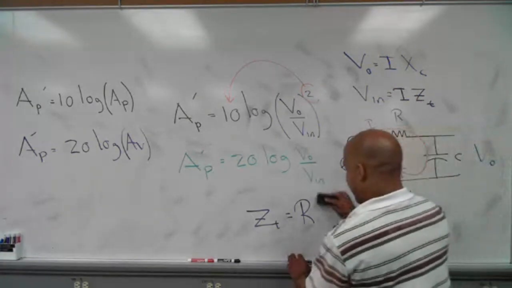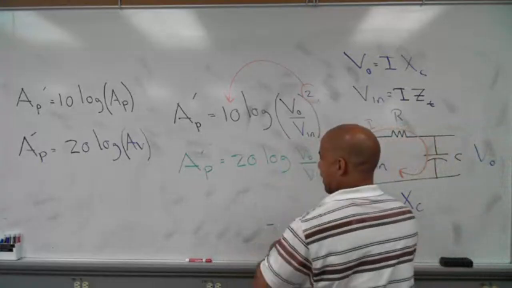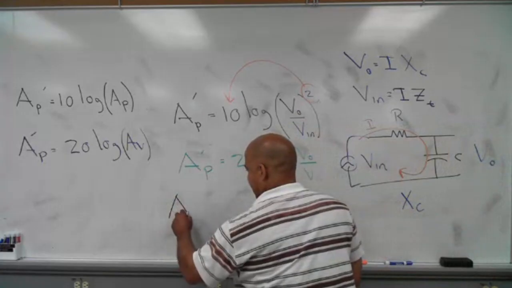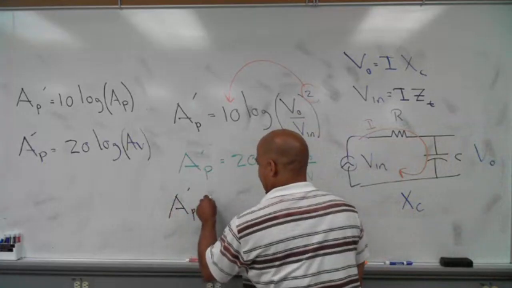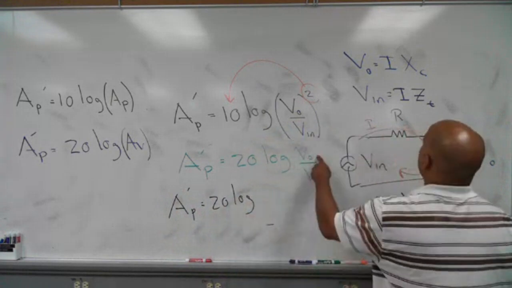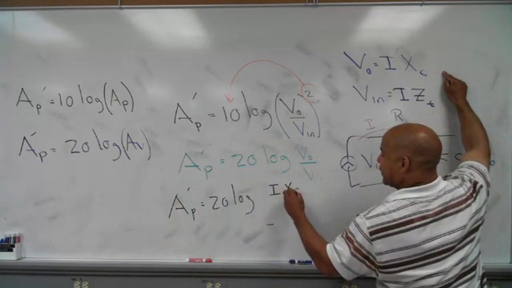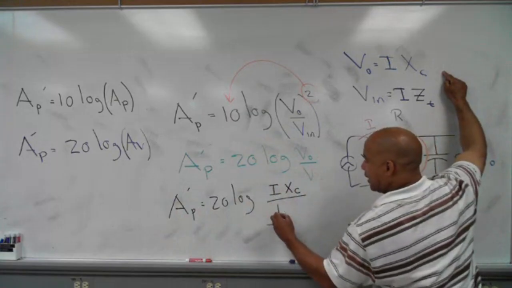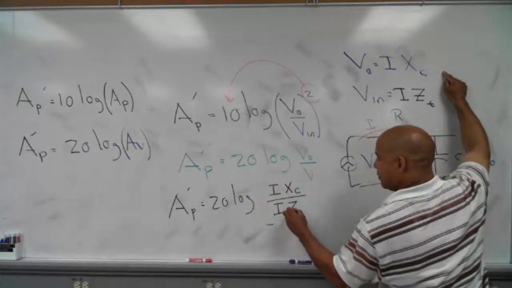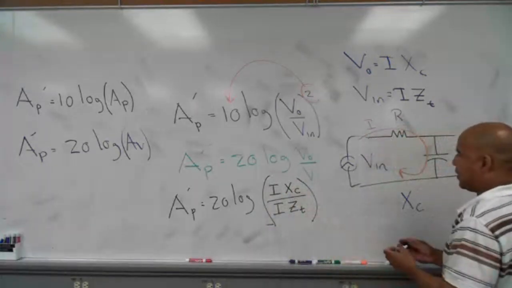If I do that, what I'll get is that the decibel power gain is equal to 20 log. Now, V out is equal to I times XC, and V in is equal to I times ZT. And if I do that, you can see what's going to happen.